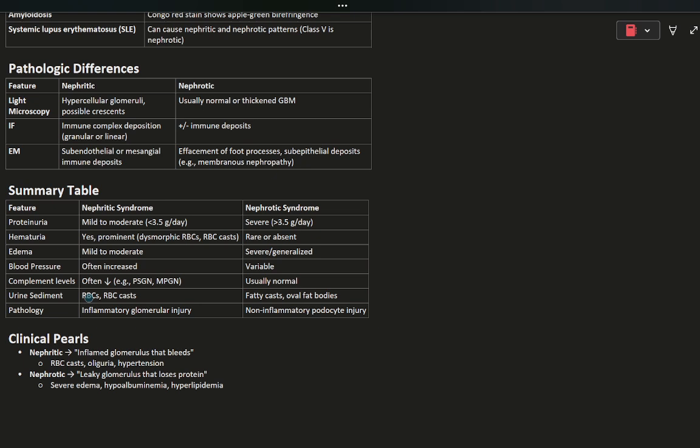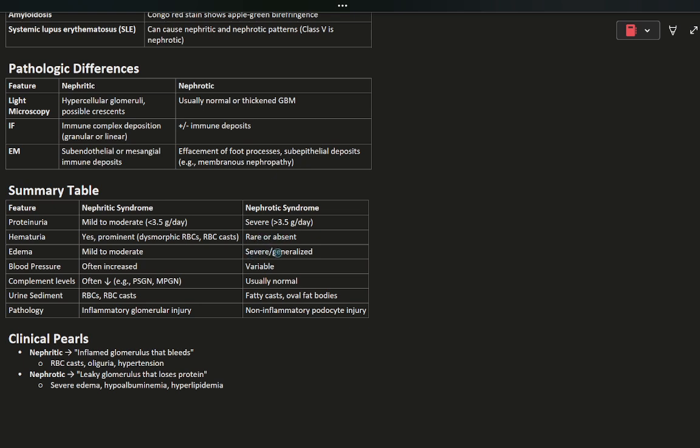Urine sediment may reveal red blood cells and red blood cell casts, and the main pathology involved is inflammatory glomerular injury. For nephrotic syndrome, proteinuria is going to be severe and greater than 3.5 grams per day. Hematuria is going to be either rare or absent.